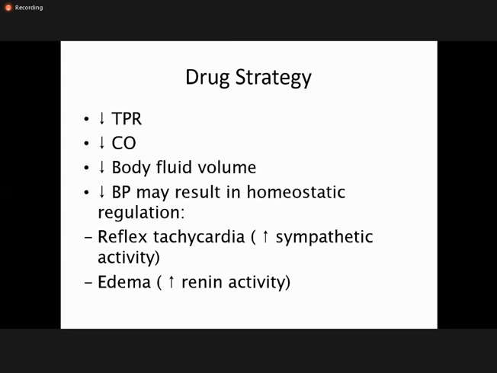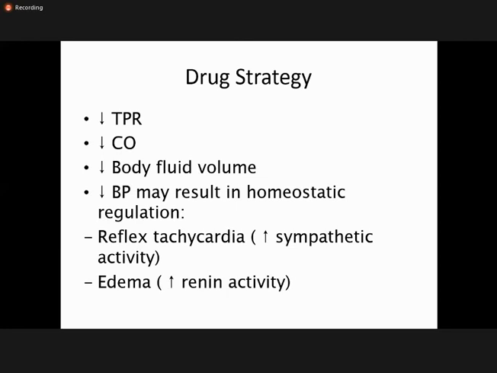The body's compensatory mechanism. I have already discussed with you what happens when there is a drop in the blood pressure. Due to the compensatory mechanism, reflex tachycardia occurs. Because when there is a drop in the blood pressure, the body thinks there is low blood pressure, so it will stimulate the sympathetic activity.